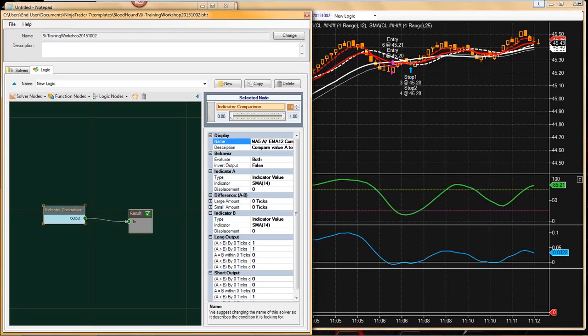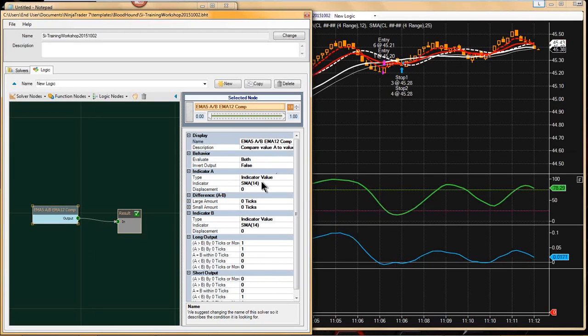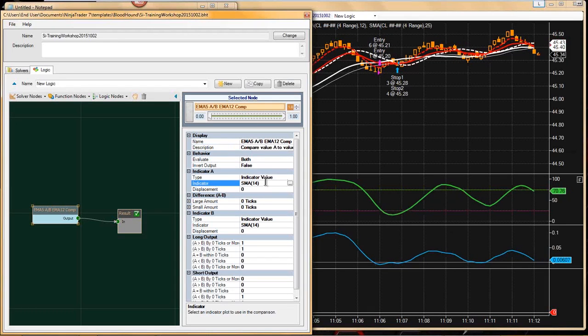So really what we're looking at, let's stretch this out a little bit, is the EMA 5 above or below the EMA 12? That's really what we're looking for. At least that's what I think David's looking for. Okay. Thanks, David, for that information.